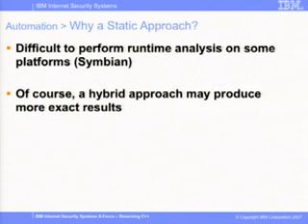And here, why a static approach? We are doing a static approach because we are planning to support other platforms as well, where it's hard to do runtime analysis, like Symbian. But of course, a hybrid approach may produce more exact results.